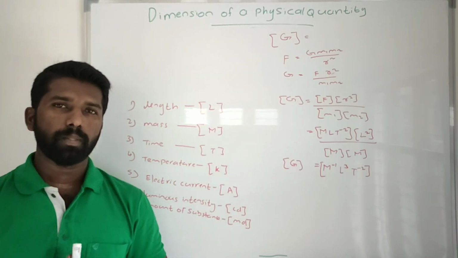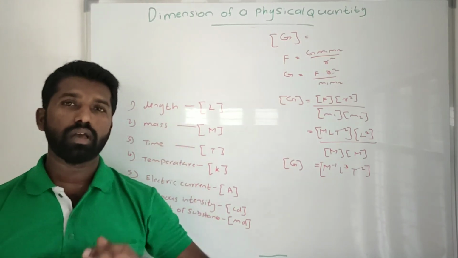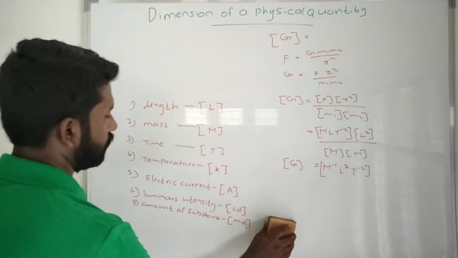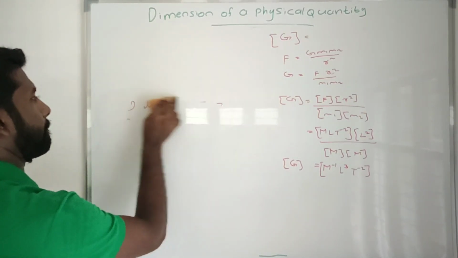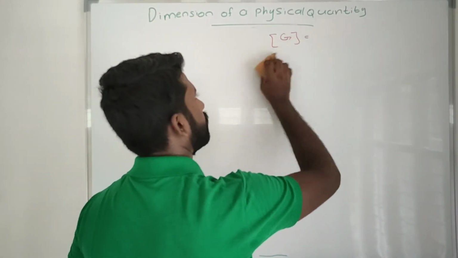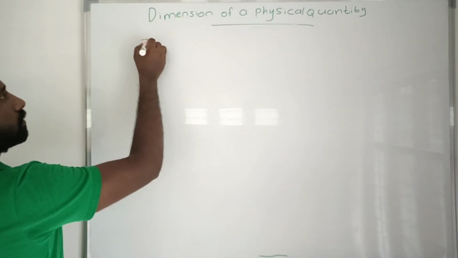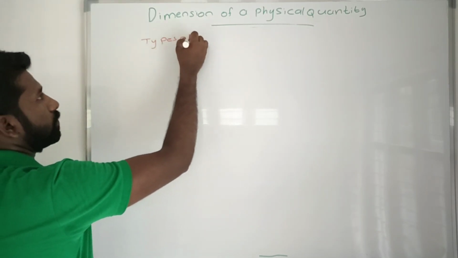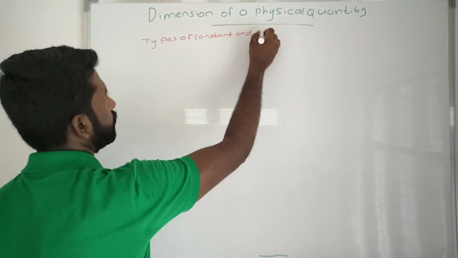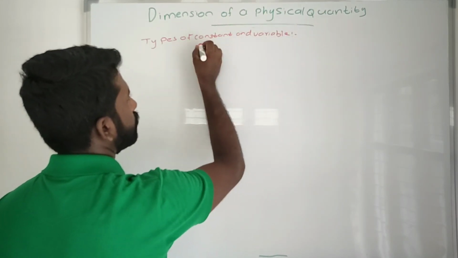Next we will see, based on the dimension, we have classified the constant and variable into 4 categories. What are those categories? We will see now. Types of constant and variable based on dimension.